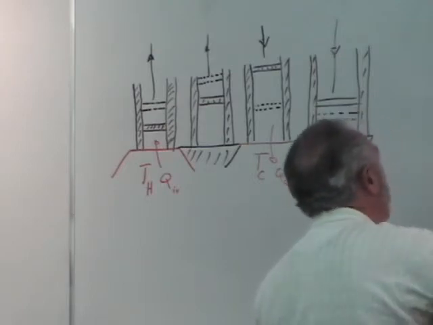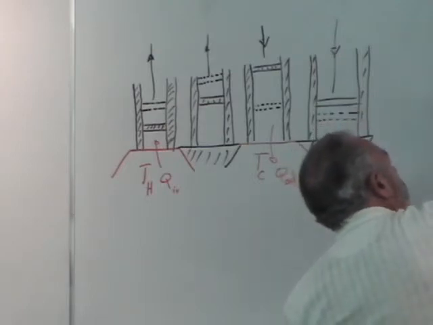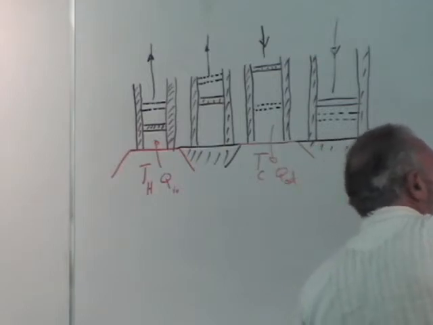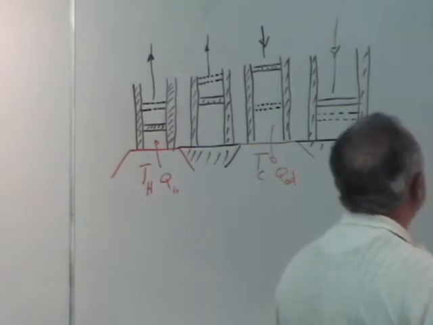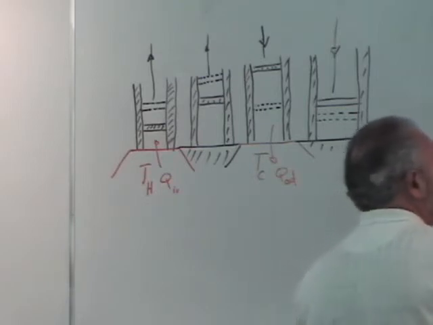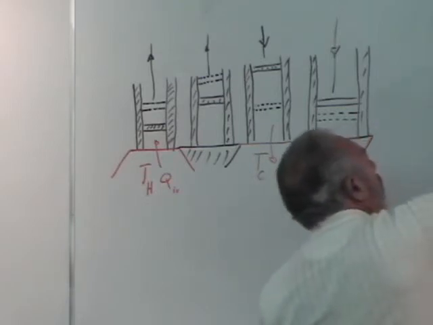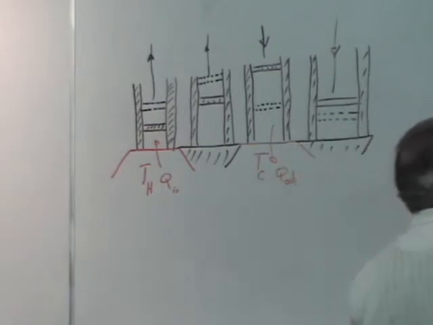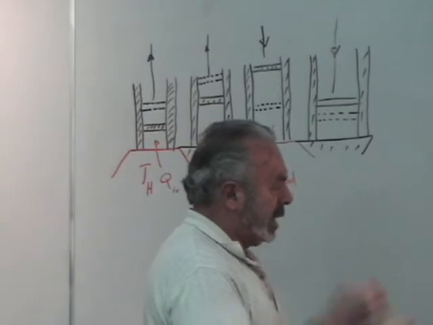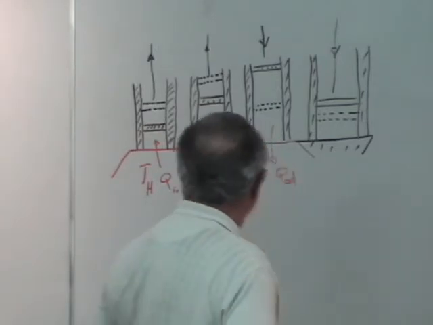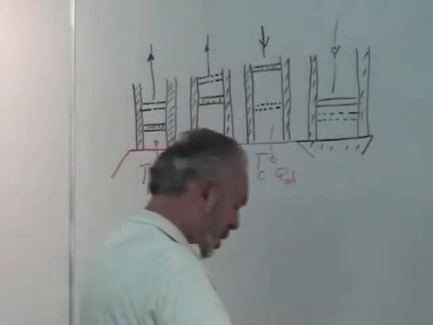So I will show that then, this isothermal expansion, down to position B. So we went from position A on this graph to position B. Then we did an adiabatic expansion. The second one was an adiabatic.